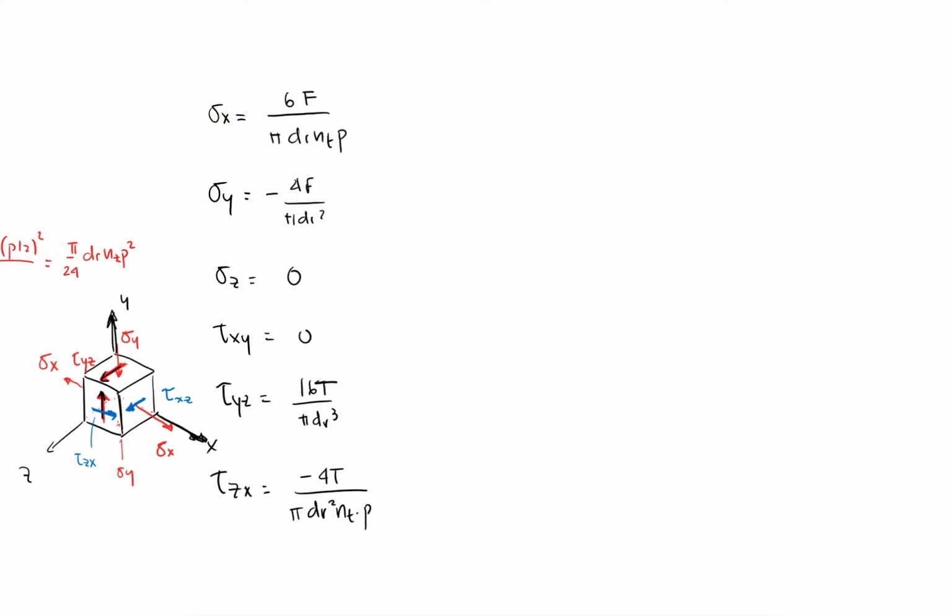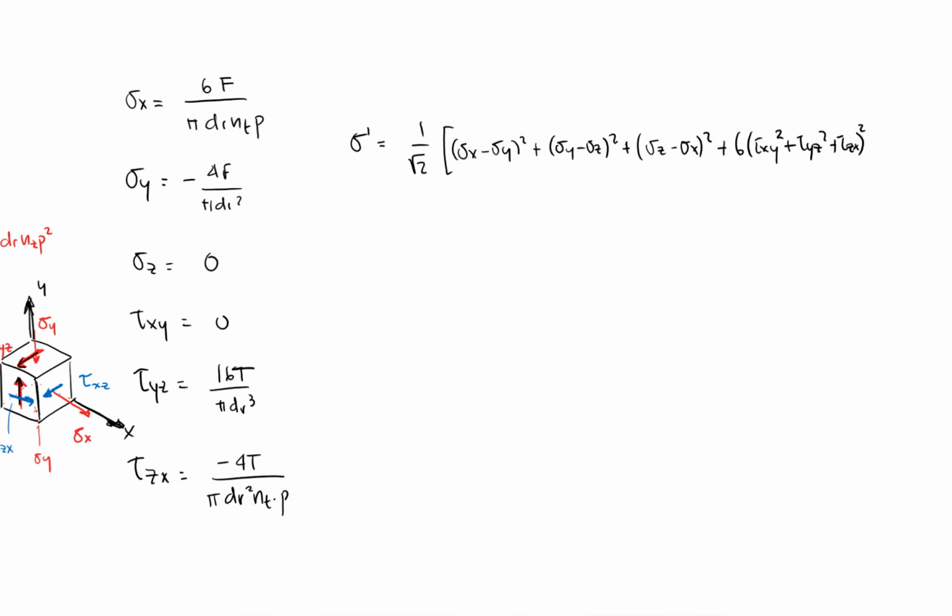It would be 1 over square root of 2 times the square root of sigma x minus sigma y squared, plus sigma y minus sigma z squared, plus sigma z minus sigma x squared, plus 6 times tau xy squared plus tau yz squared plus tau zx squared.